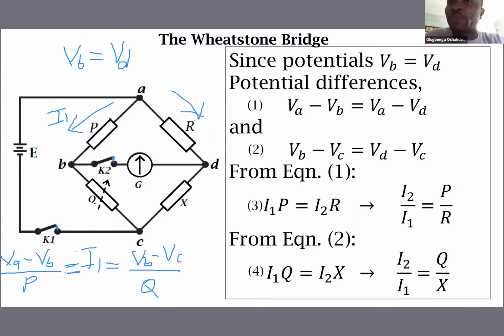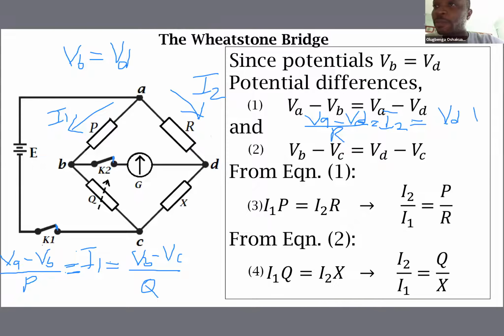We can also talk about the current flowing through R to be I2, and define it similarly as VA minus VD, divided by R, equal to I2, and that is also equal to VD minus VC over the resistance of X. So the current that will flow through R, which is I2, is the potential difference VA minus VD divided by resistance R. Similarly, the current that will flow through resistor X is the potential difference across X, which is VD minus VC, divided by resistance X.